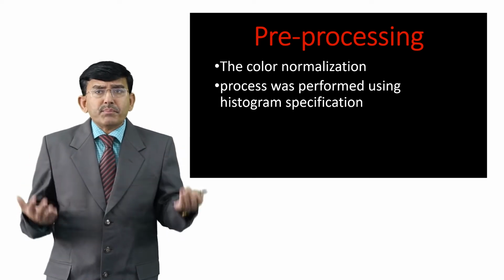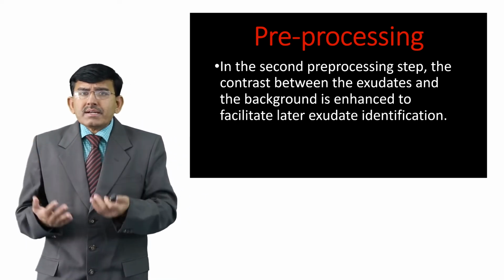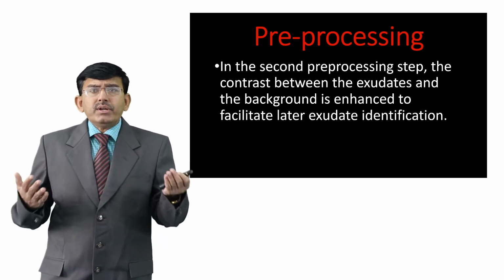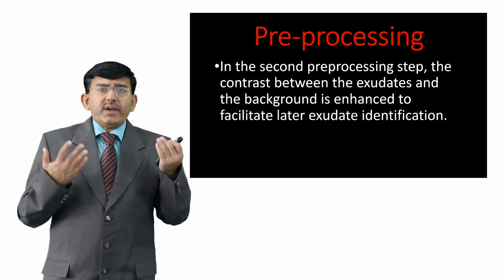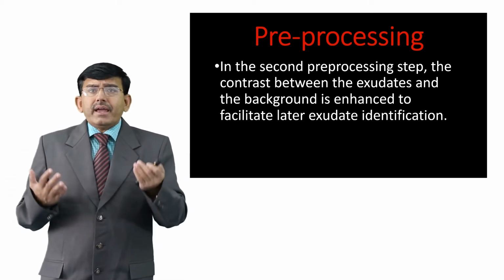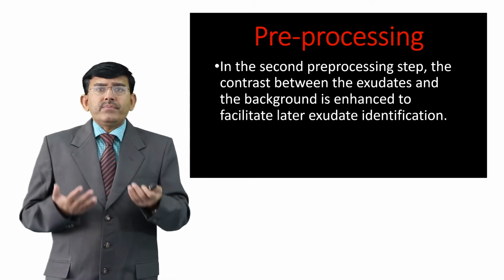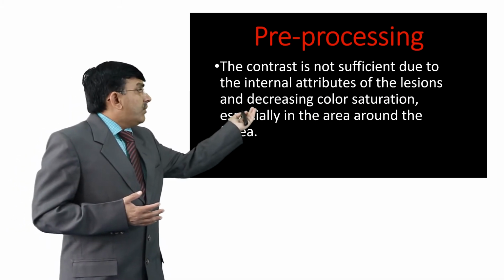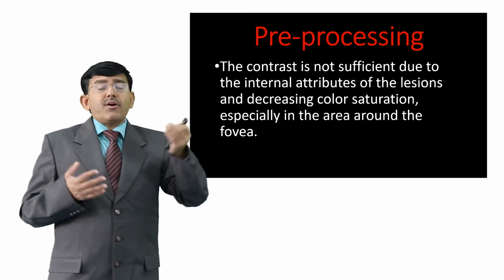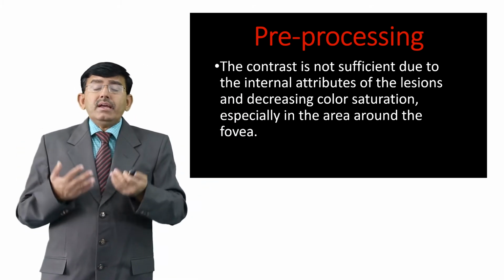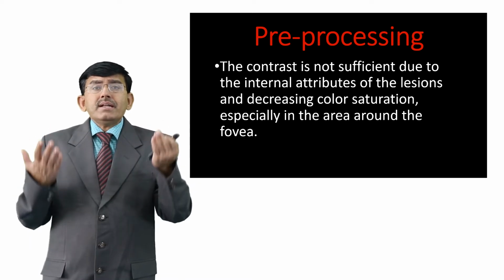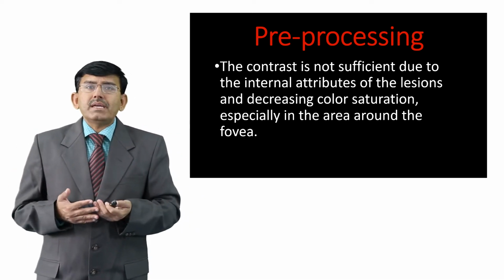In the second pre-processing step, the contrast between the exudates and the background is enhanced to facilitate later exudate identification, and this way the pre-processing steps will be a first step for feature extraction. It will ultimately help to get prominent edge information of the image.